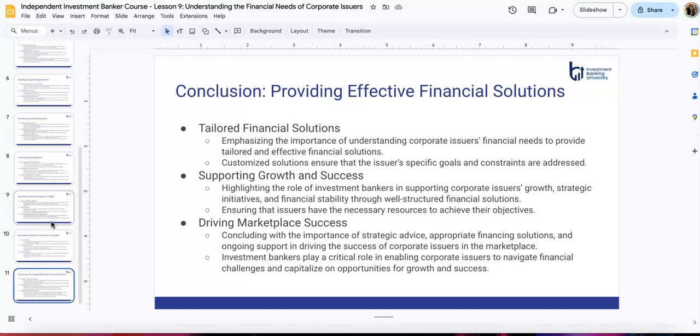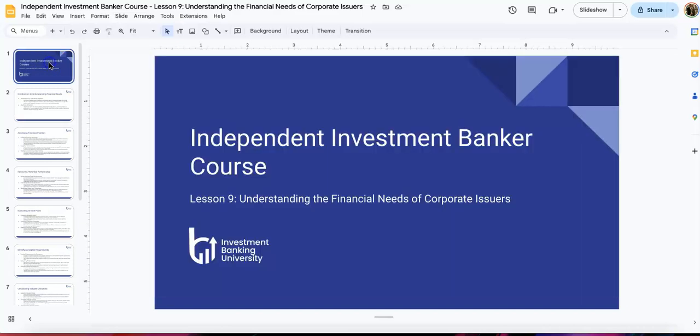So just in conclusion, as a senior banker, you need to understand where they're at now, where they're going, and then be able to solution map the capital and strategic alternatives accordingly to help them realize their strategic goals. And so that's what we're talking about here in lesson 9.